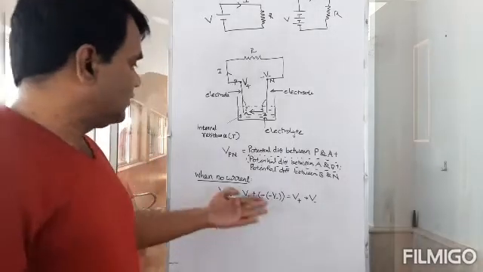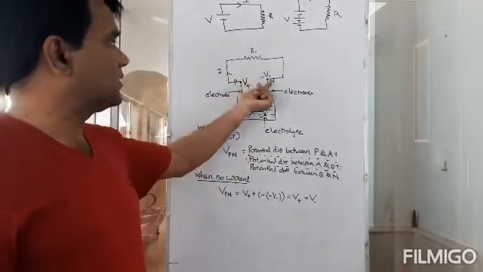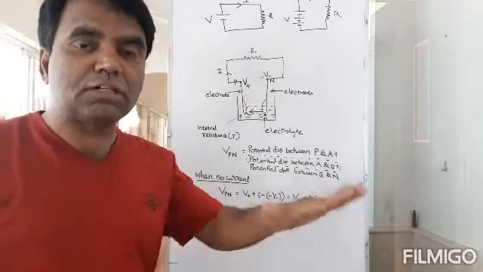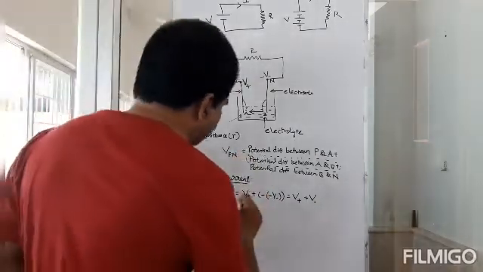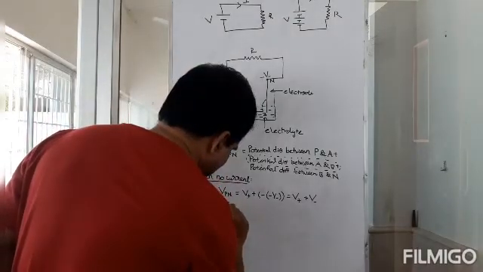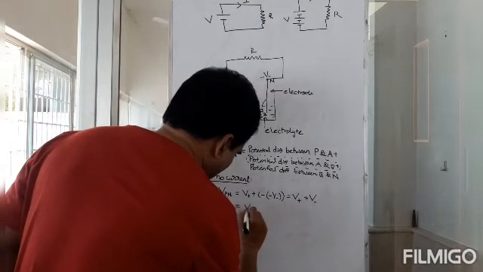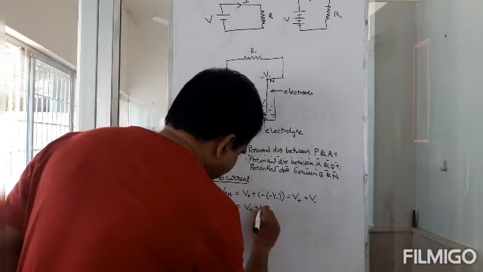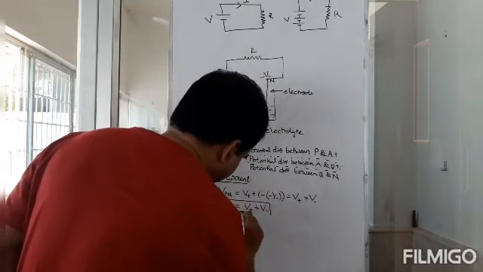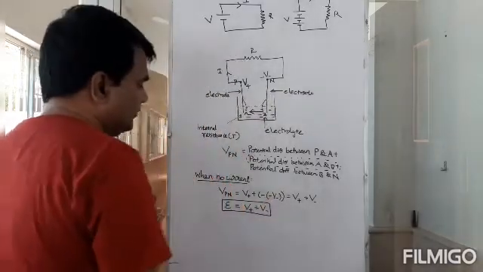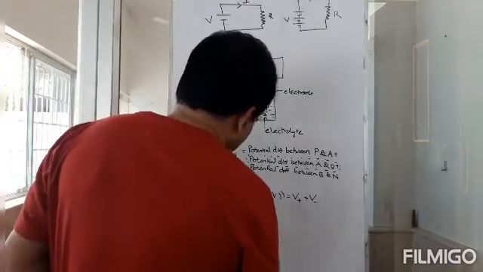This V plus and V minus, when there is no current flowing, is called the EMF. E equals V plus V minus. Okay, so what is this E?